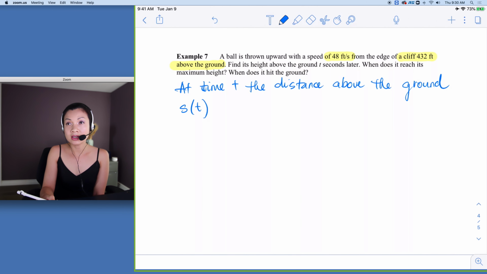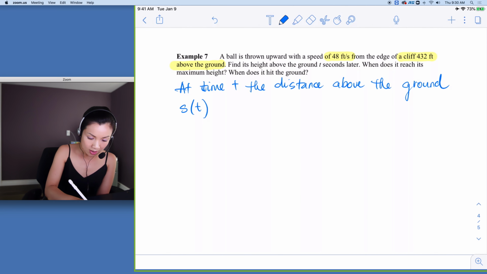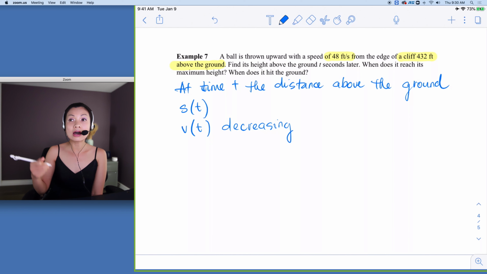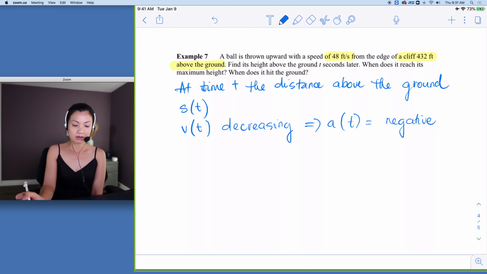And the ball is moving vertically like this, right? So v of t, the velocity, is decreasing. Now, if the velocity is decreasing, the acceleration is going to be negative.